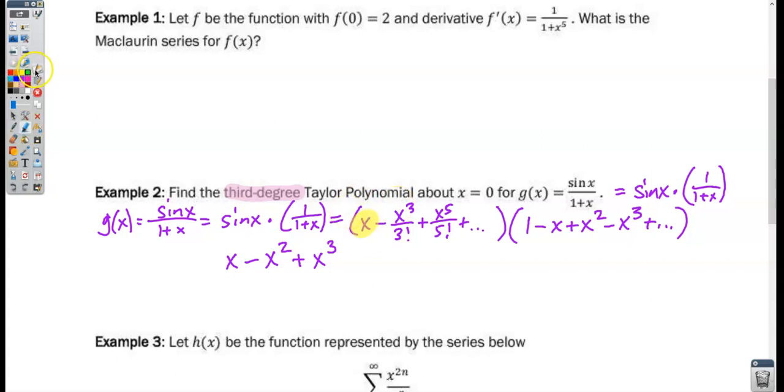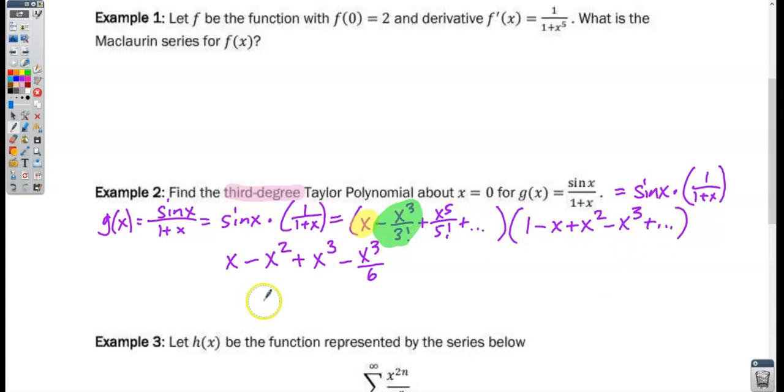Now, I also need to do the same for the second term of my series for sine of x. So I'm going to multiply x to the 3rd over 3 factorial times 1, so that's minus x to the 3rd over 6, and that's the only term that's going to be in the third degree polynomial based off of this term times 1 over 1 plus x.